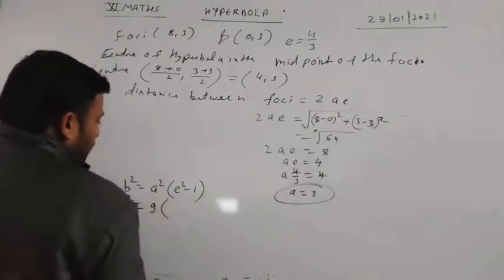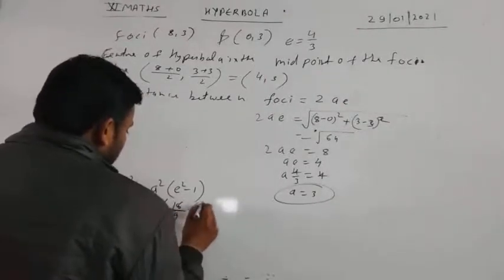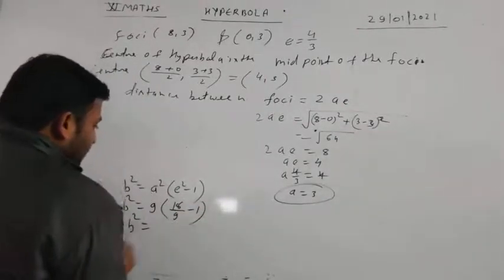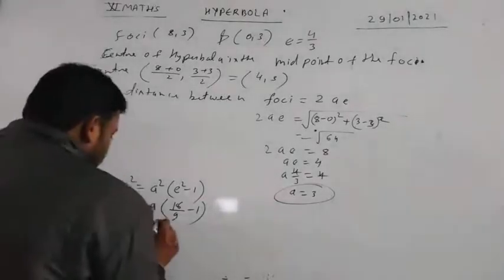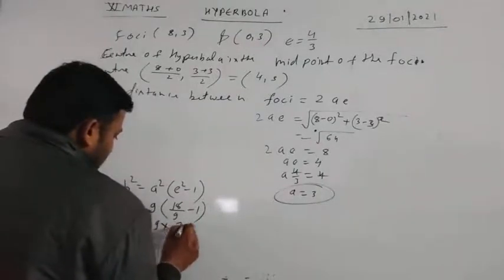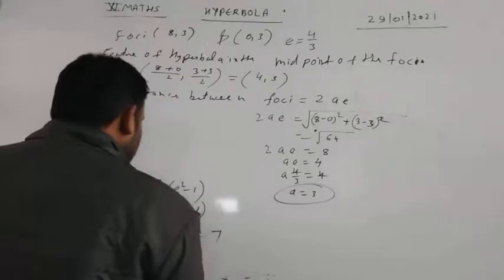Now with the help of b square is equal to a square e square minus 1, we can find out our b, okay, students, so b square is equal to 9 into 7 by 9. So b square is, student, 7.